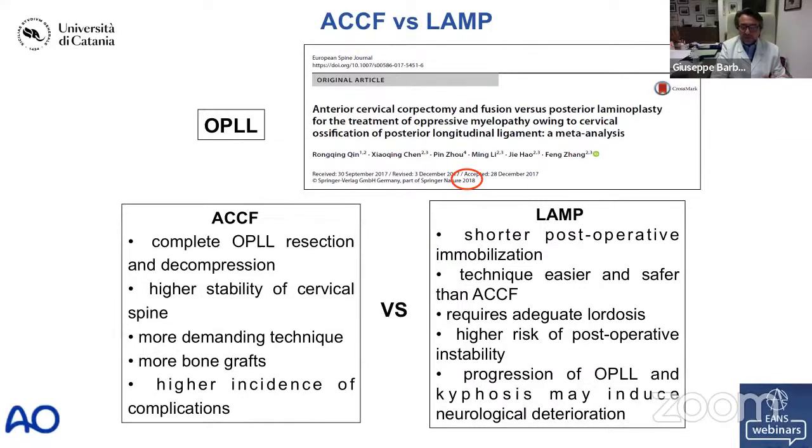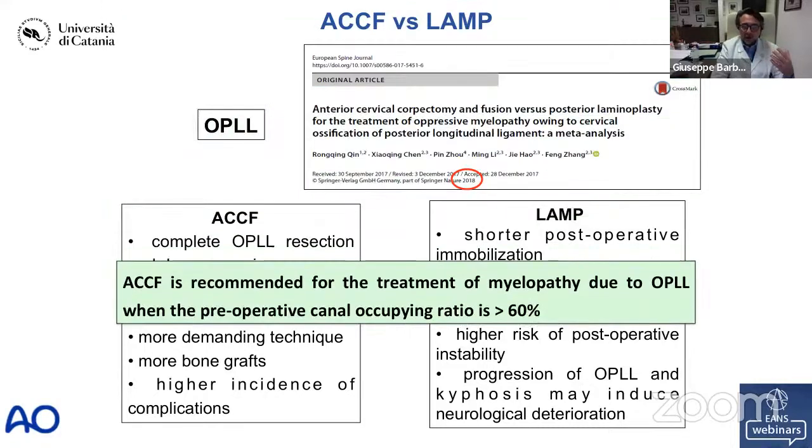If we have to deal with patients with OPLL, again, as I already said, this is a different disease, different pathology. And when we compare the two possible options, which are corpectomy from the front or laminoplasty from the back, again, corpectomy is recommended for those patients who have an OPLL causing a preoperative canal occupying ratio superior to 60%.